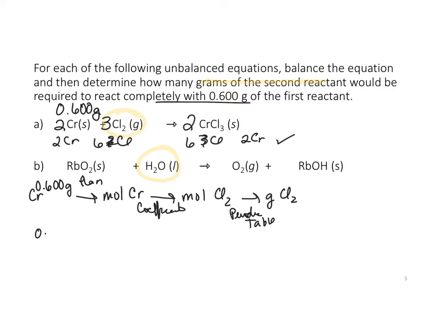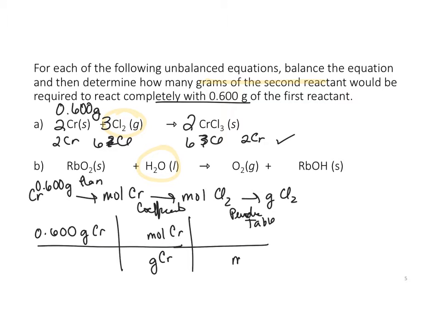So we start with 0.600 grams of chromium. And then we're going to go from grams of chromium to mole of chromium. That's not what we want. So we got to go from mole of chromium to mole of chlorine. And we want mass, so we copy mole of chlorine down to gram of chlorine.